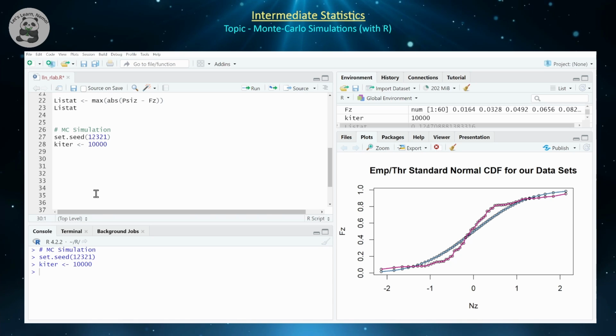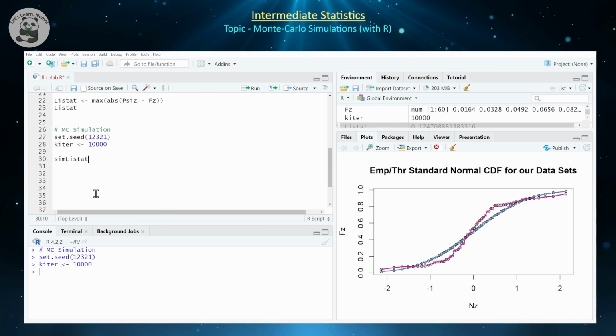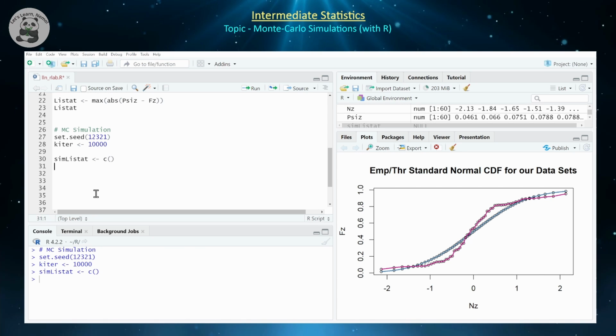Right. So what we want to do is generate a bunch of Lilliefors test statistics for our simulation, and we want to store all of them into a vector. So this is going to be called sim LI stat, for the simulated Lilliefors test statistics. Right now we haven't sampled anyone, so it's going to be a blank vector, so we're just allocating the place where we're going to be saving them.